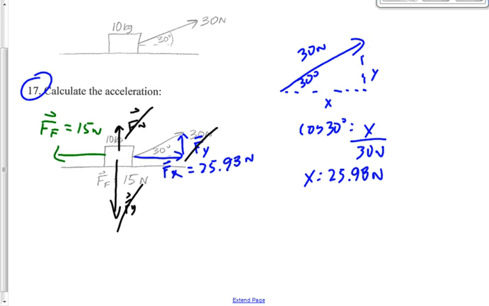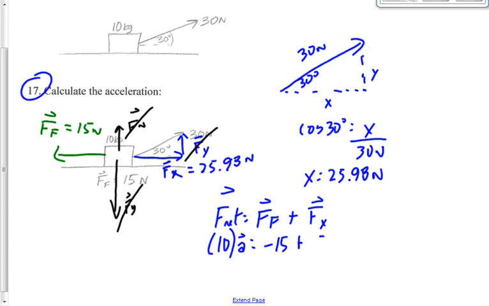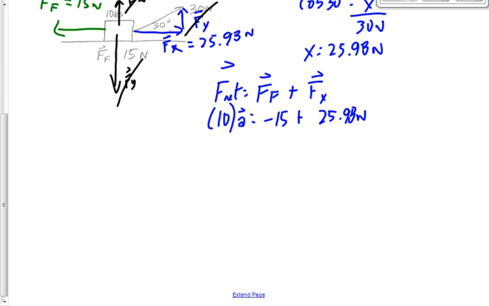Now, let's go back to doing what we always do. F net is equal to the sum of the forces. It's going to be FF plus FX. MA, which is 10 kilograms times A, is equal to negative 15 plus positive 25.98 newtons. It's going to give you 10.98 divided by 10.